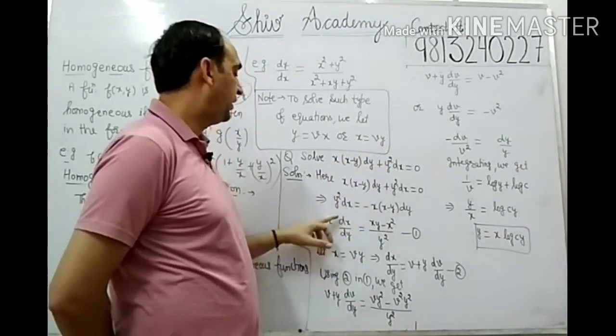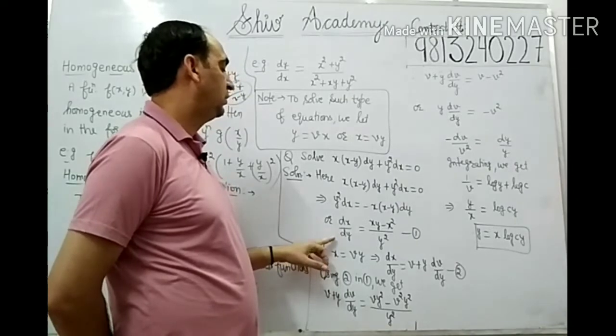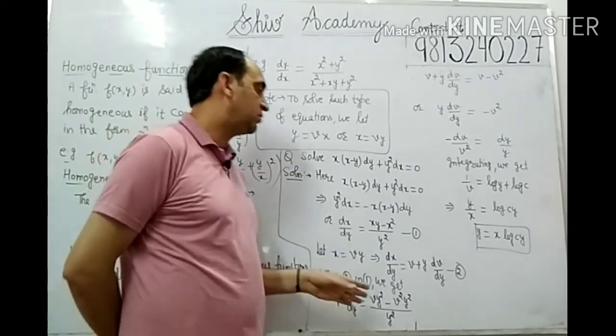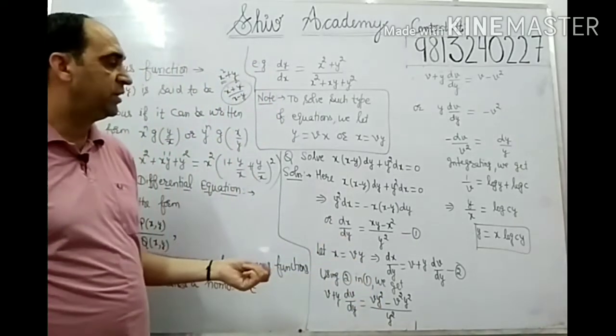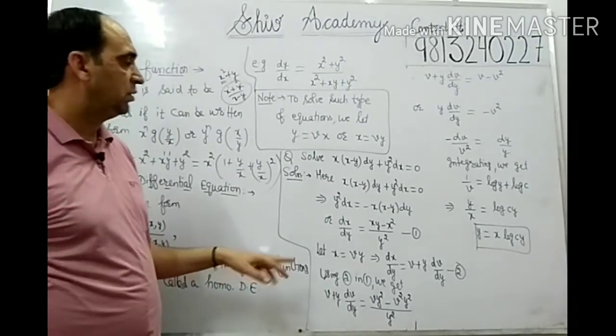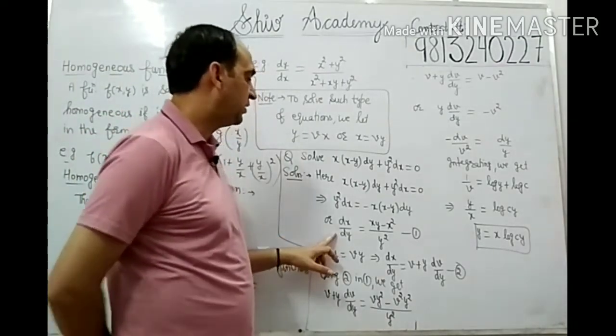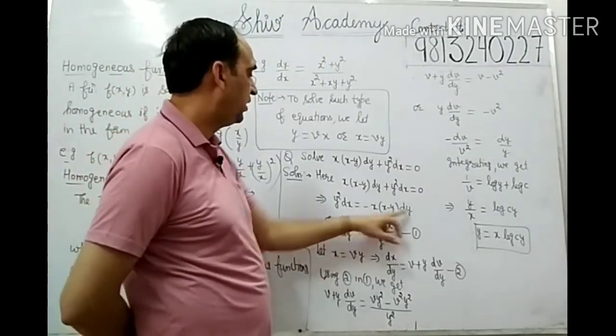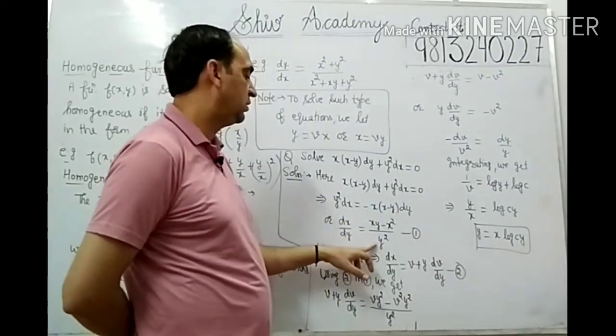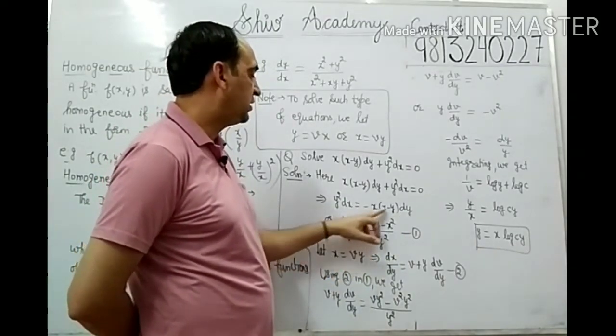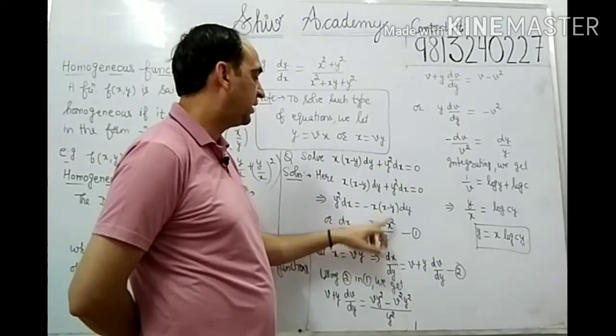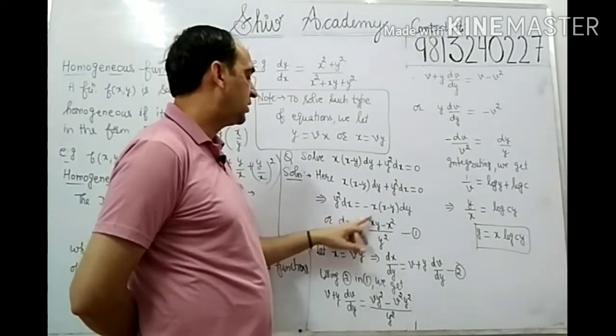You can also compute dy by dx first and then write the value of dx by dy. Choice is yours. But here I am taking dx upon dy, so dx upon dy on this side and y square on that side. Then we are getting minus x into (x minus y) upon y square, that is, minus x square plus xy over y square.